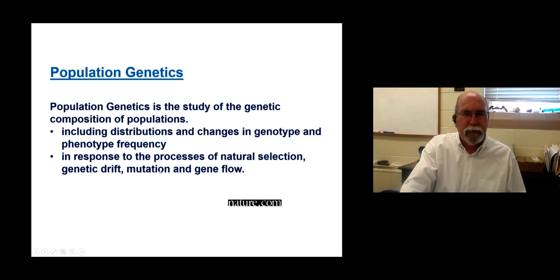We've studied mutation ourselves. Well, we're going to talk about what the effect of mutation is on a population. And then gene flow, what happens when individuals get up and move around, or we send our propagules out into the water column if we're a fish or something. So we're going to talk about all of those processes in terms of what's happening to this genetic underpinning of populations, of groups of organisms.